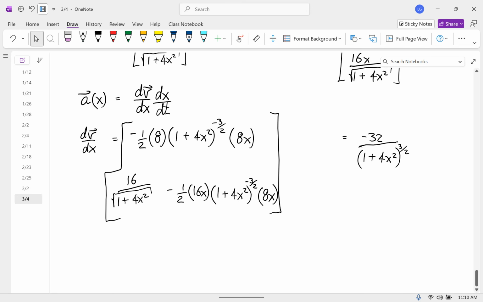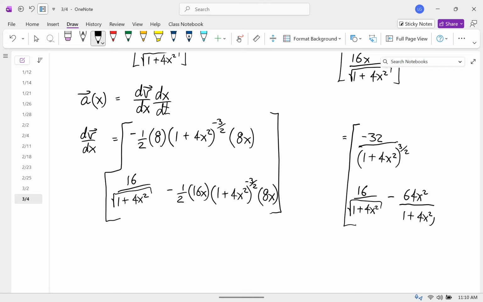So that is 16 over the square root thing, minus 64x squared divided by 1 plus 4x squared to the 3/2.